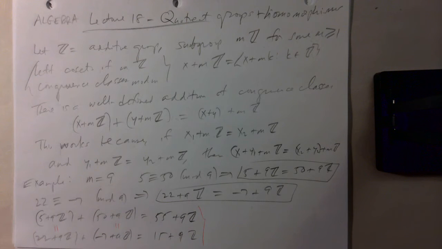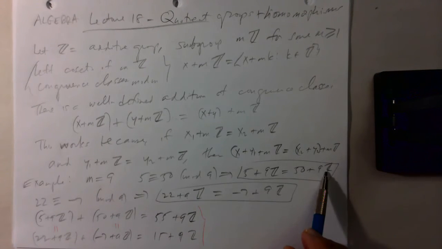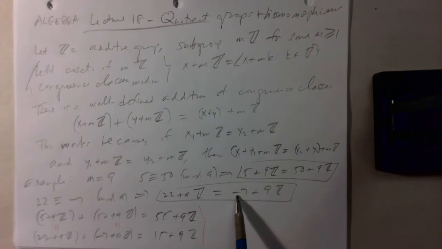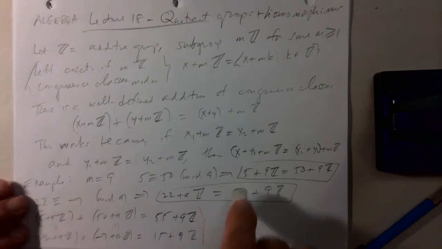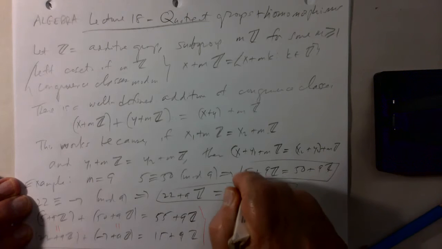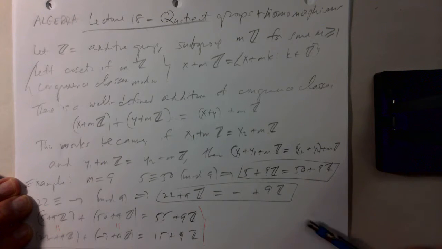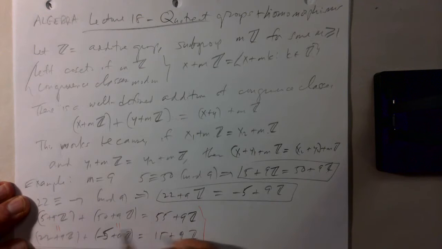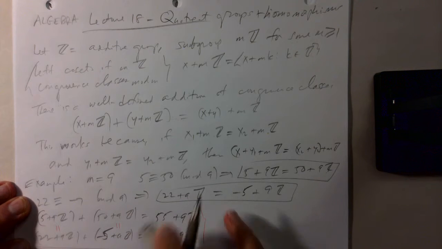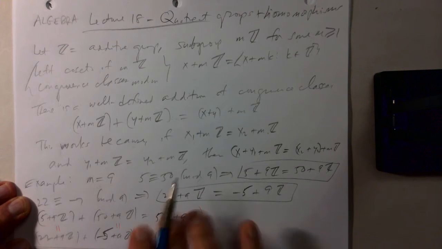Let me make sure I did my arithmetic right. 50 minus 5 is 45, which is divisible by 9. 22 plus 7, oops, I'm sorry, this should have been a 5. 22 is not congruent to minus 7. 22 is congruent to minus 5. So this is minus 5, and this is 17. Ah, now this should be better.